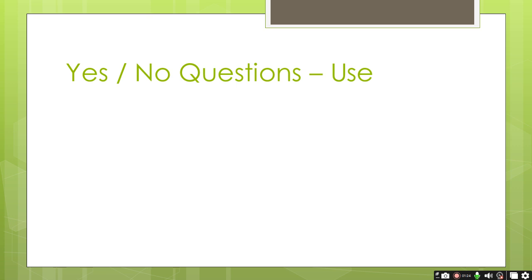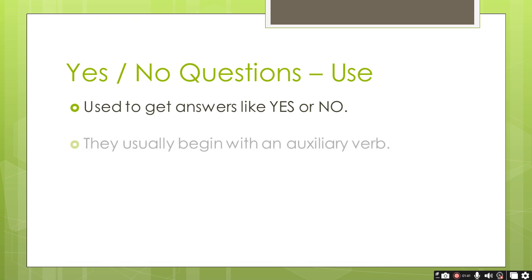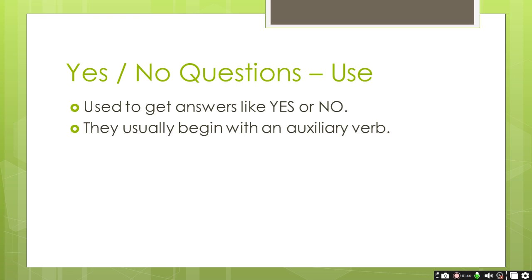We are going to start with yes and no questions. We use them to get answers like yes or no. They usually begin with an auxiliary verb or a modal verb.